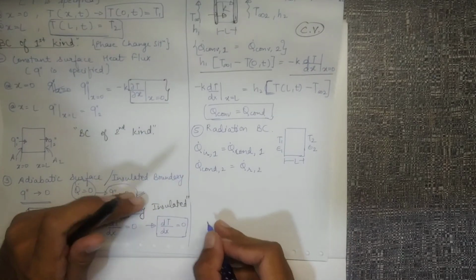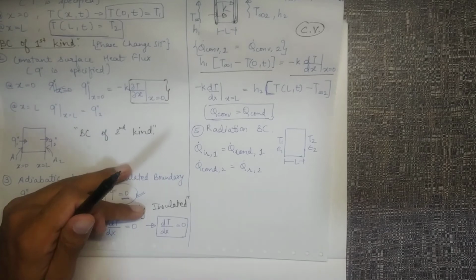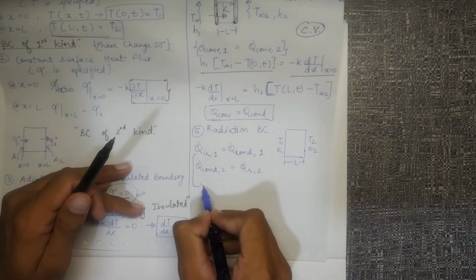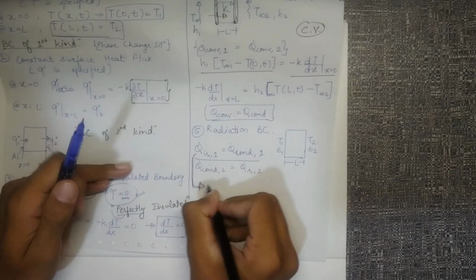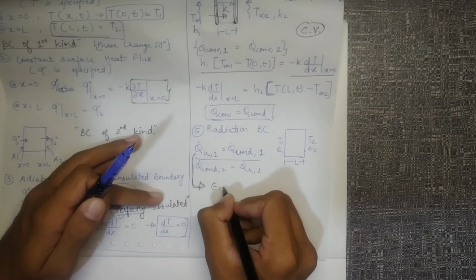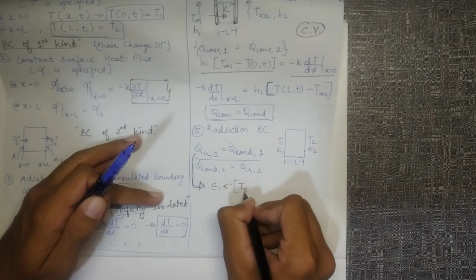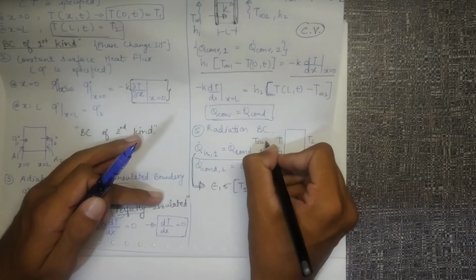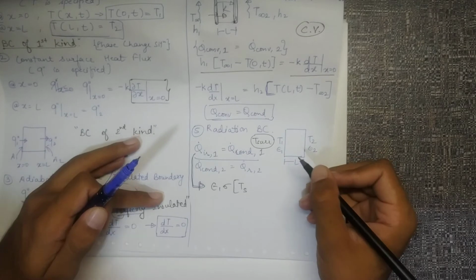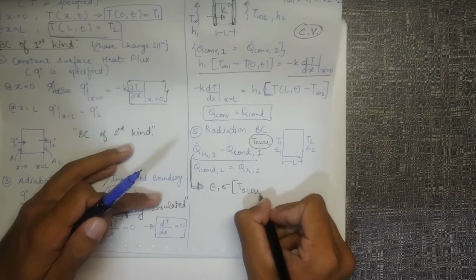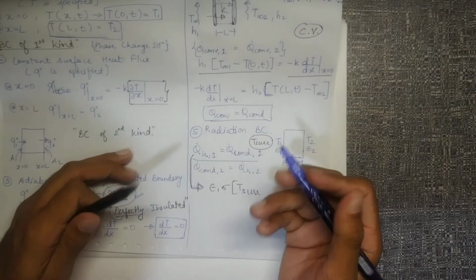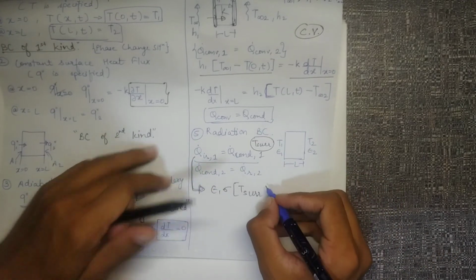What I have written is, for the first condition, epsilon 1 sigma (T surrounding to the power 4 minus T(0, t) to the power 4). T surrounding is the surrounding temperature everywhere, on both sides. So from the surroundings it will absorb some heat through irradiation.